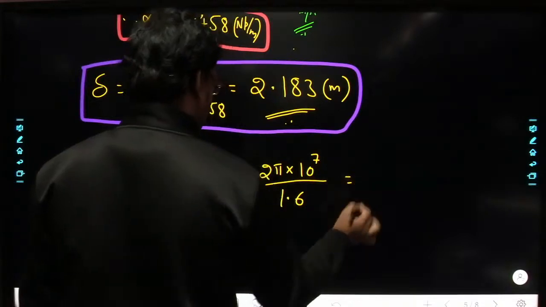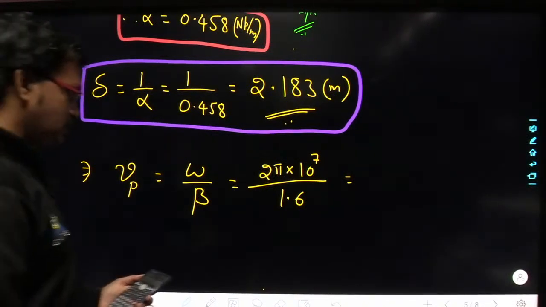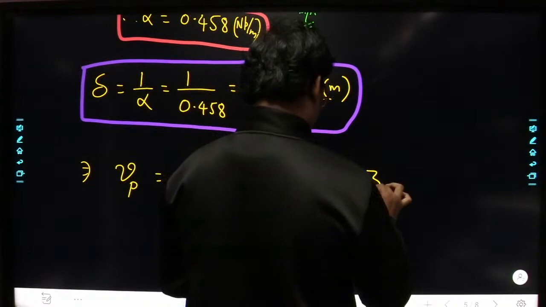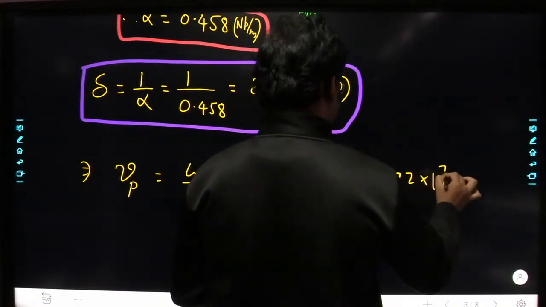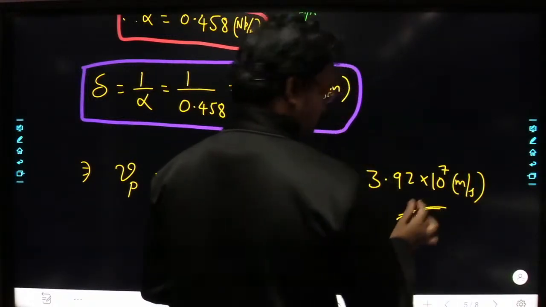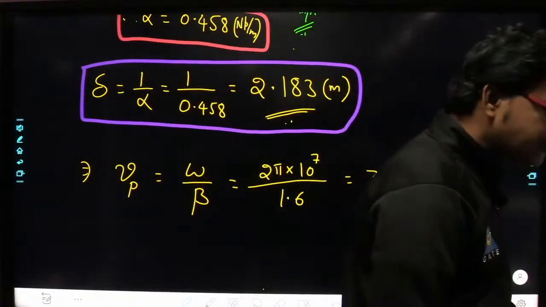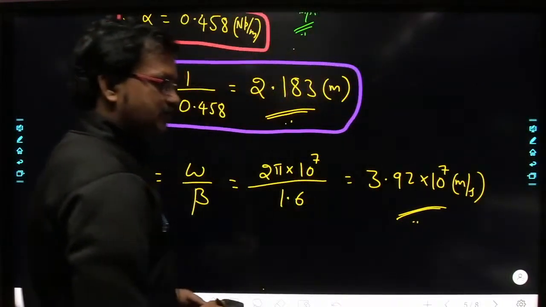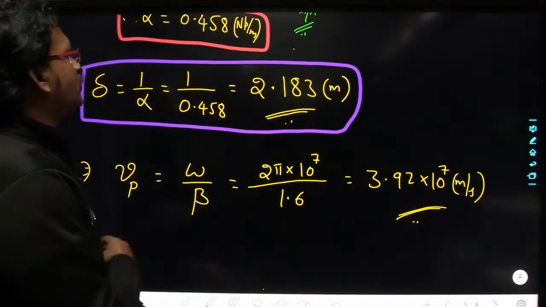So 2 pi f divided by 1.6, you are going to get 3.92 into 10 to the power of 7 meters per second. Very good, Selvaraj.